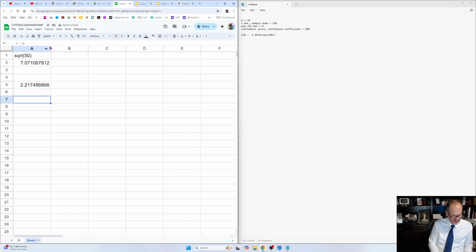Now we see that our interval estimation is 120 plus or minus 2.22. So we have 120 minus that, and 120 plus that. That's what we're looking at here.